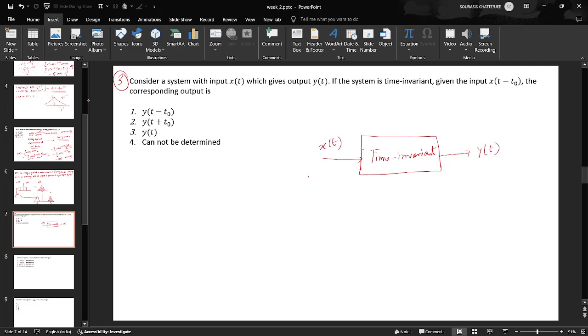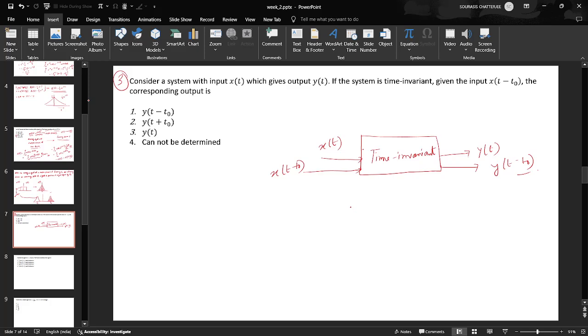If you send some delayed version of the signal, t minus t naught, then by definition of a time invariant system, what you are going to observe is the same delayed version of the output. That is itself the definition of a time invariant system.